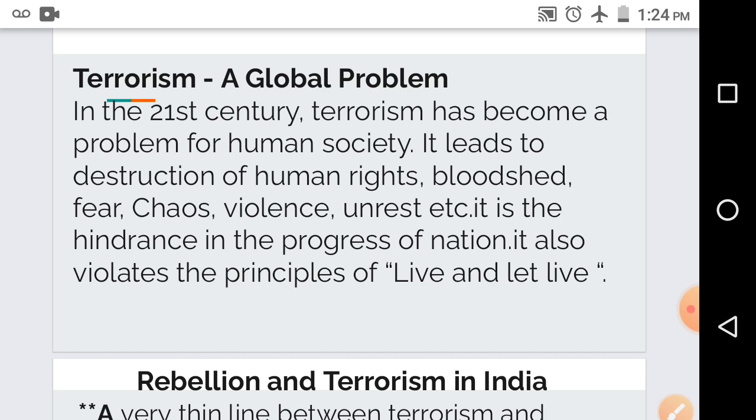Terrorists are engaged in violent activities like suicide attacks, throwing bombs, hiding weapons and then using them in public places, kidnapping, hijacking of planes, and smuggling of narcotic drugs, etc. So these are the problems we are facing because of terrorism.